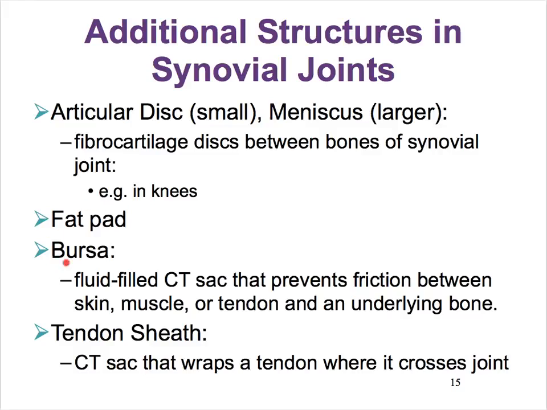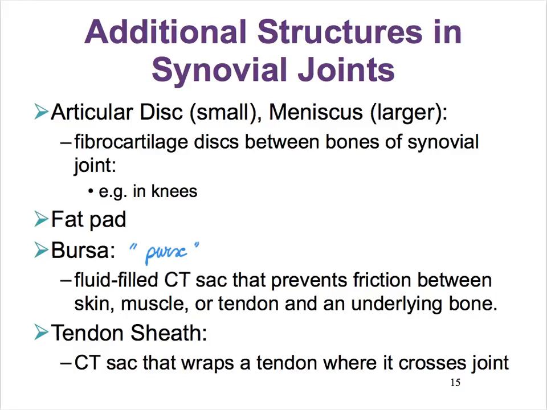And then there's two structures that are filled with synovial fluid. One is called a bursa, which literally means little purse. So it's a little purse-like, sac-like structure that is filled with the synovial fluid, and that's going to typically sit in between a hard spot and a soft spot.